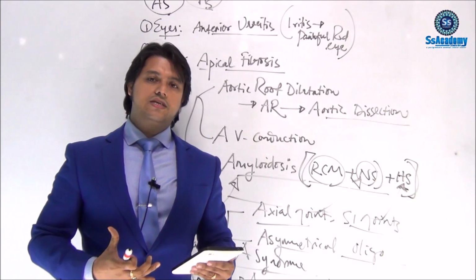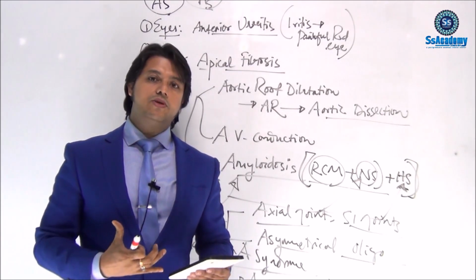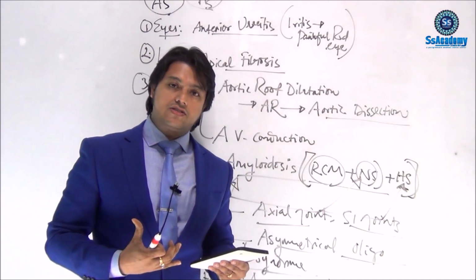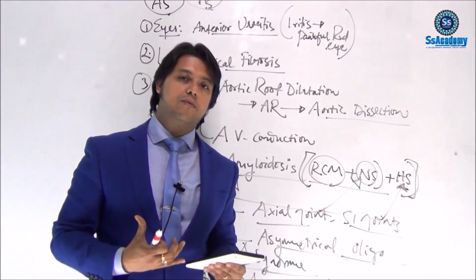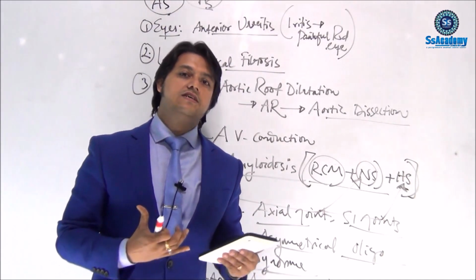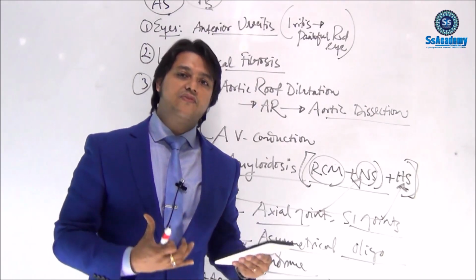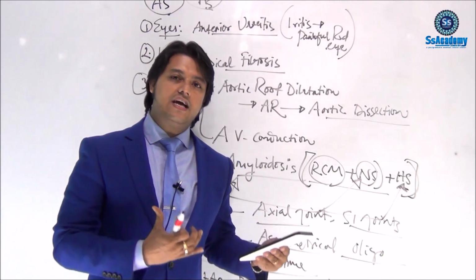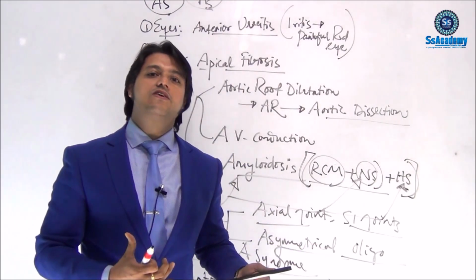Then go down once again, then the abdomen. On the abdomen we can get the hepatosplenomegaly, which can be a feature of amyloidosis. So whenever you ask about A for amyloidosis, amyloidosis leads to RCM plus nephrotic syndrome plus hepatosplenomegaly. So RCM plus NS plus HS is a feature of amyloidosis.